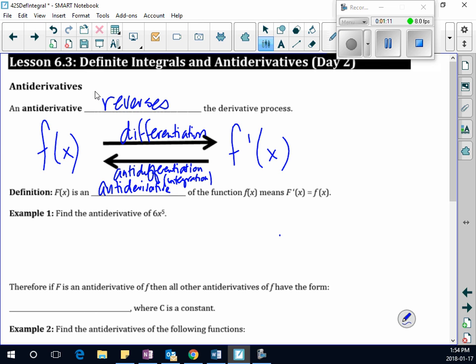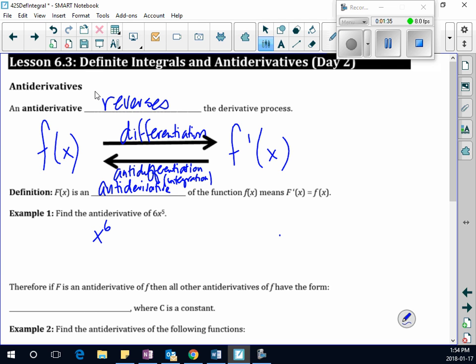So find the derivative of 6x to the power 5. Picture in your head, what would I have to start with to get a derivative of 6x to the power 5? X to the power 6, very good. Anything else?